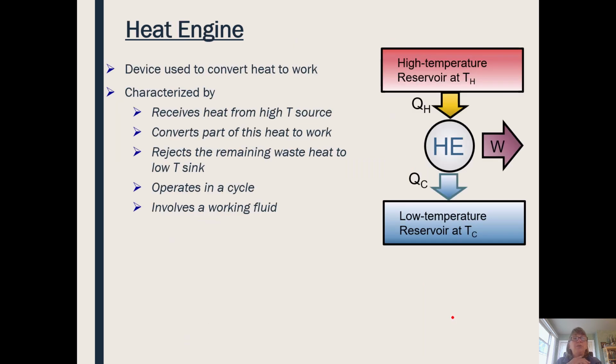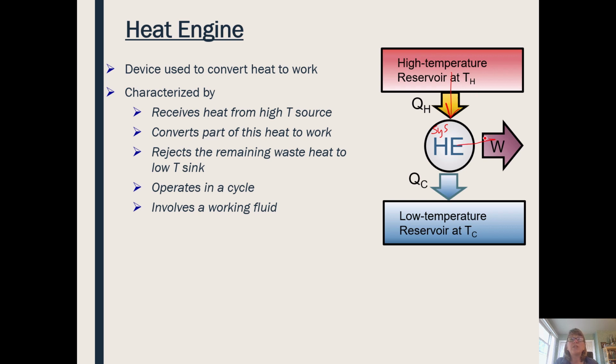Another thing that we need to be considering when we look at entropy and so forth is our heat engine. In our heat engine, we take our high energy source and put heat into our system. So our heat engine is our system, and it gets energy from our high temperature reservoir.